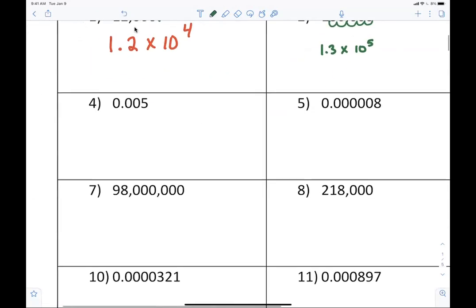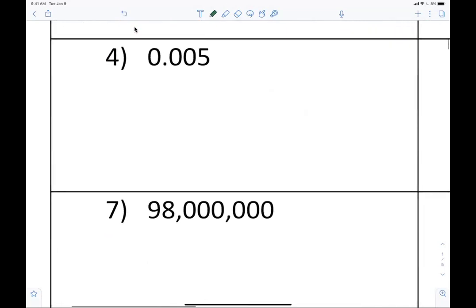Okay, Emily, number 4. Now you have a new one. I'm going to give you a hint on the decimal. Can I just start from the back? Yeah. So this is where the decimal goes. So that decimal is, I'm just going to do this one, 5 times 10.